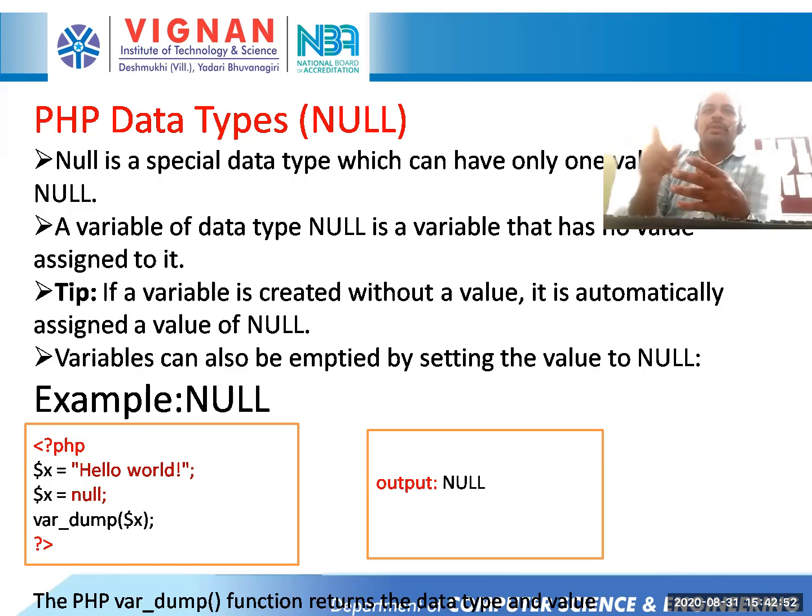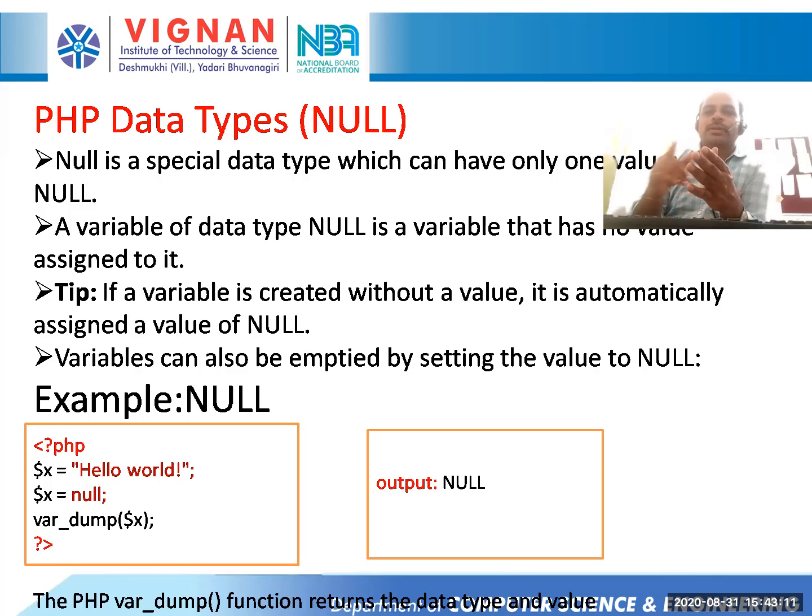If you initialize $x is equal to 10, then x is assigned the value 10, and it is an integer. Similarly, variables can be emptied by setting the value to null. That means if a particular variable already has some value, you can make it empty.